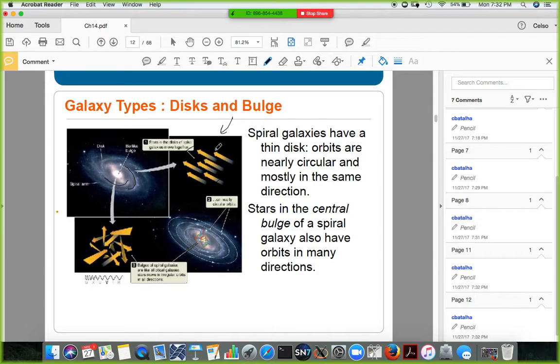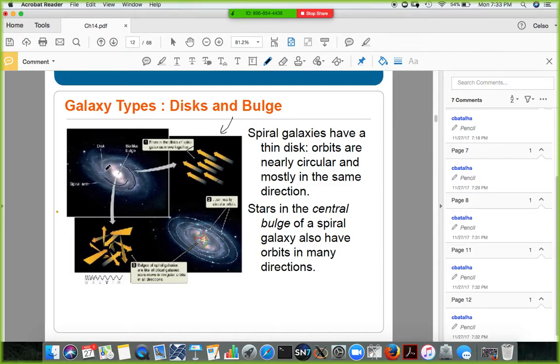Once the galaxy was formed and flattened as a result of gravitational force and angular momentum, like we study with circumstellar disks around stars, the stars in the galactic disk all move globally in the same direction.